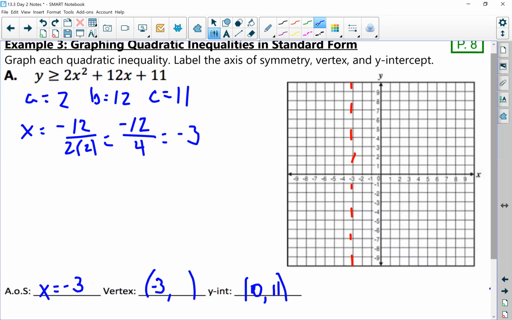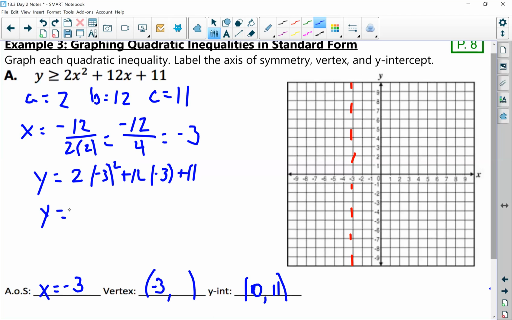To find the y coordinate for my vertex then, I plug negative 3 in for x. And again, if you have a calculator, you can certainly just evaluate that on a calculator.